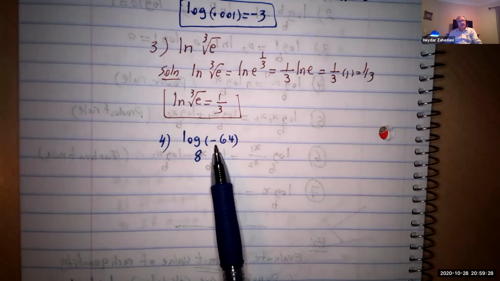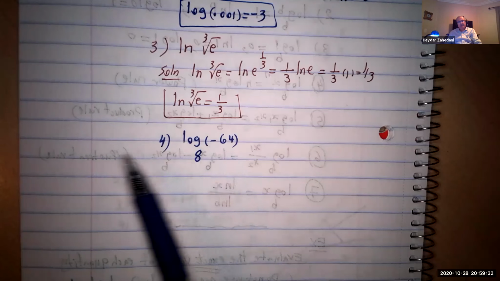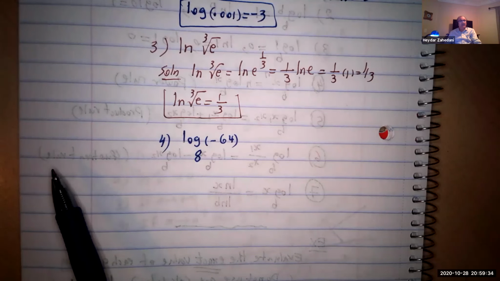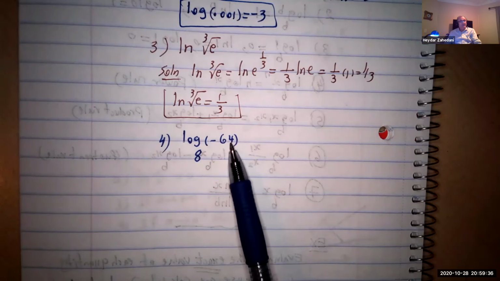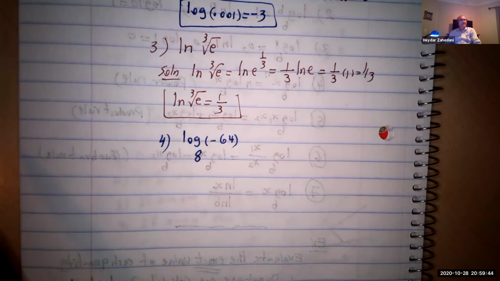Remember, you cannot find the log of a negative number, because the domain of the log is positive numbers only. They give you 64, it's misleading. 64 is 8 squared. But this number is negative. The log of a negative number is not a real number. We talk about complex numbers, but you can say it does not exist, so it's undefined.